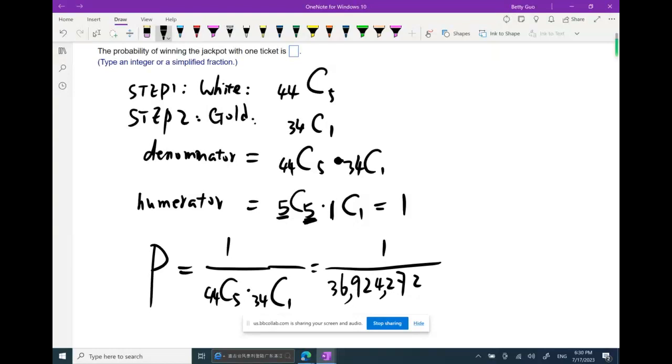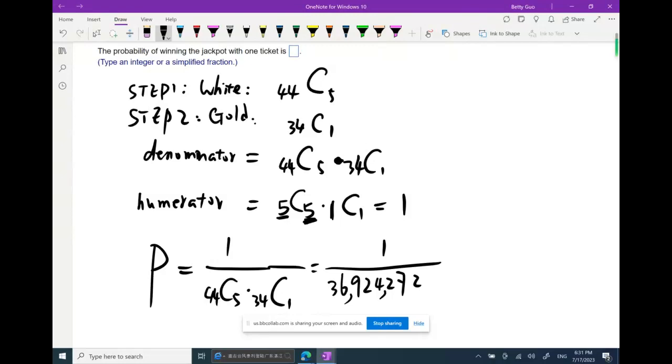Yeah, we're supposed to be expecting a huge number on the bottom. Otherwise, many people would get a jackpot and the house would go bankrupt, right? It's going to make the denominator super large, then the probability is super small, and the chance to get a jackpot is supposed to be small.